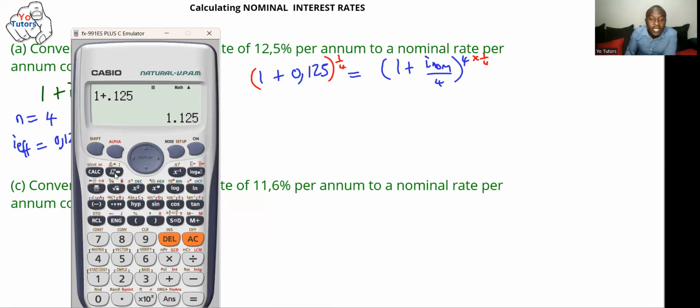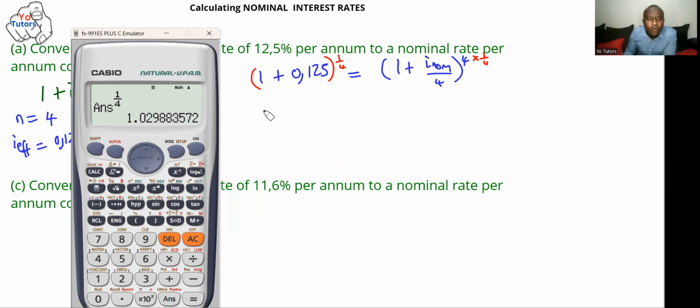Then we take the answer to the power of 1 over 4. Okay, so that's what we get there.